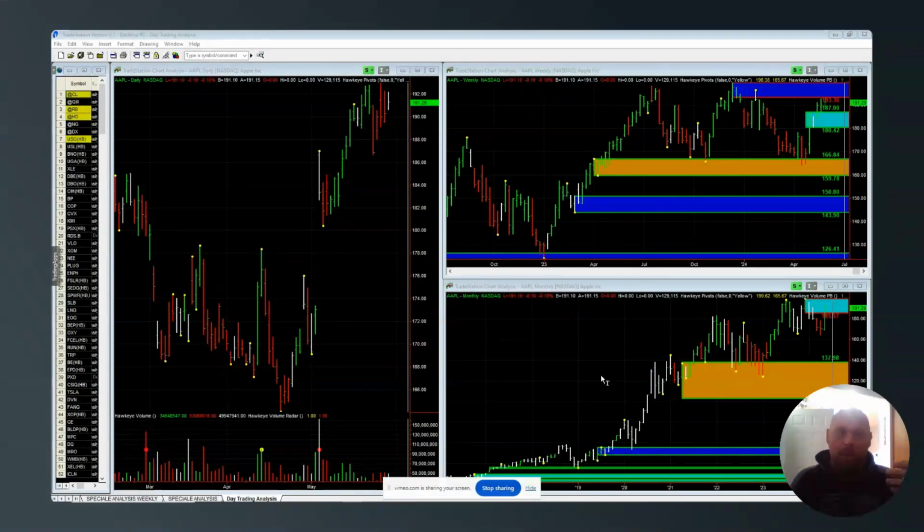Now, some of you may go, that's really far out. And it is, but if I want to swing trade this, or even, again, potentially position trade this, I am going to want to see what the larger picture's doing. I'm not so concerned about what's happening on the daily chart, to be perfectly honest with you.